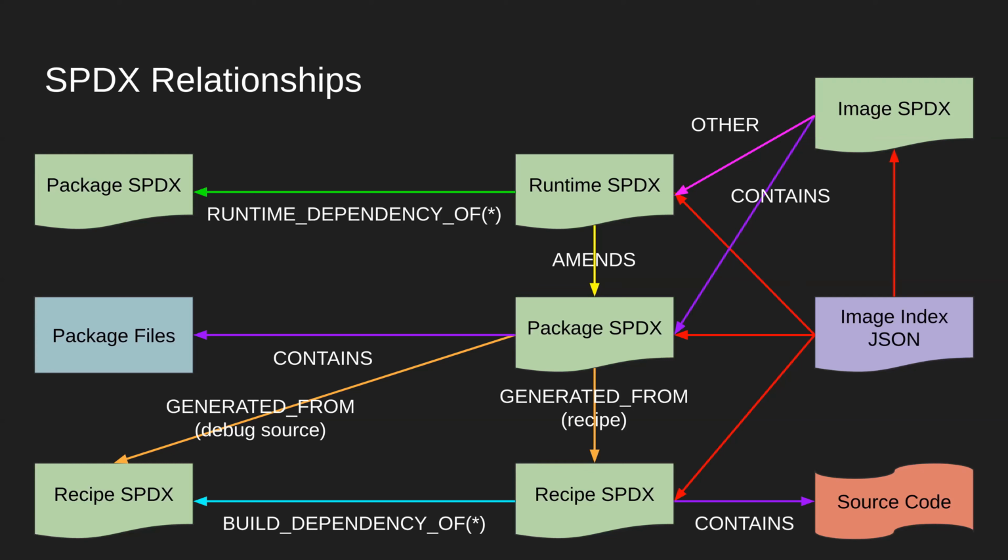And so we can generate the link and describe that using this generated-from relationship in SPDX based on the debug source. So when we look at the debug source for a program or a library and we see that it has references to source code files from another recipe, then we know that it's used a static library or something like that to link those in.